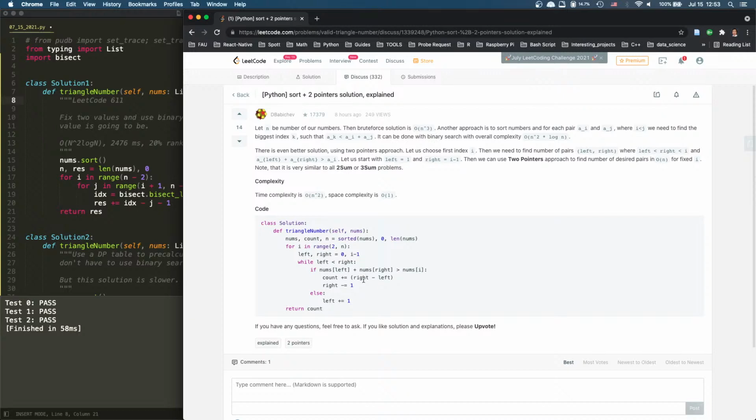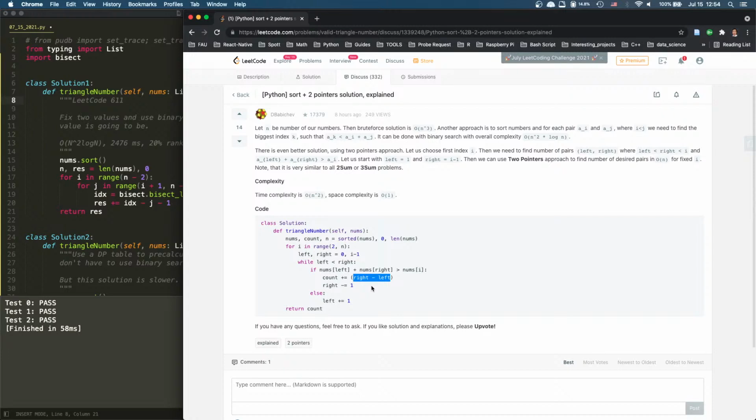What is this? Right minus left. These are pointers, and right minus left is everything in between. I don't understand.